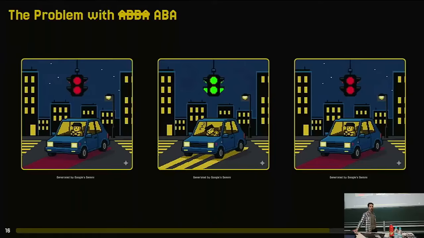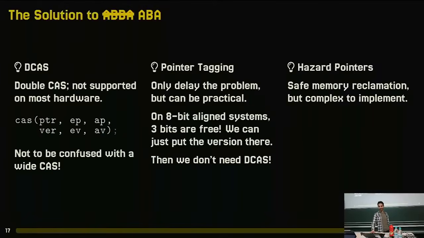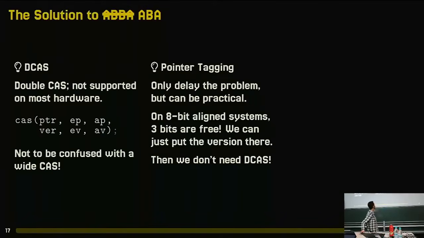But three pretty common ways to avoid it are, for example, using tagged pointers. I would guess most systems are 8-byte aligned. This would mean that there are at least 3 bits that are always 0 in a pointer value, which we can, for example, use to, I have slides for that, so this is the middle part.